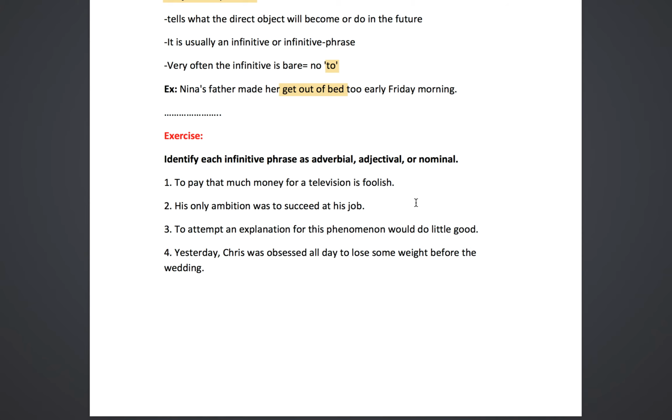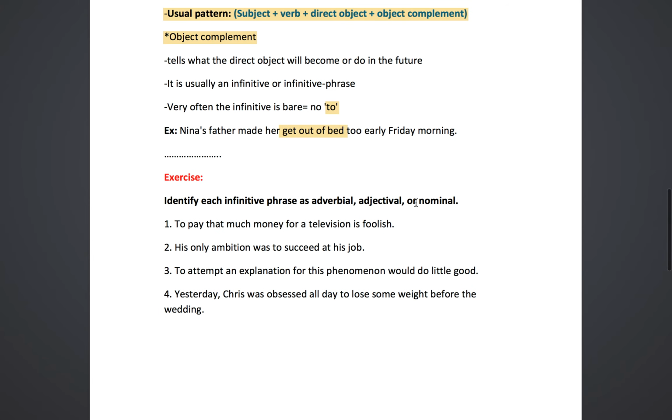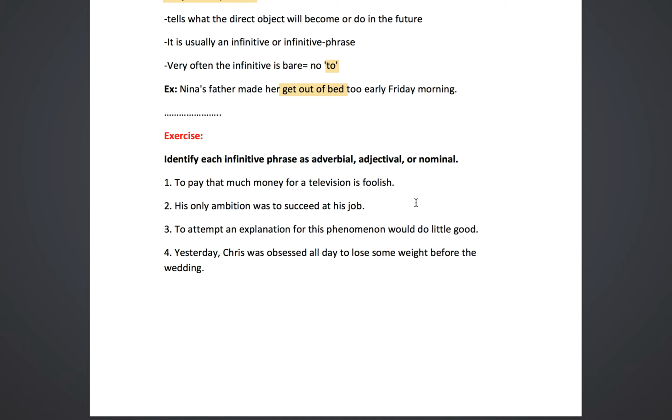Just take a look at these exercises here to understand better. I'm going to leave you for around a minute to think about these examples, and we will go over them. What you have to do is identify each infinitive phrase as adverbial, adjective, or nominal.